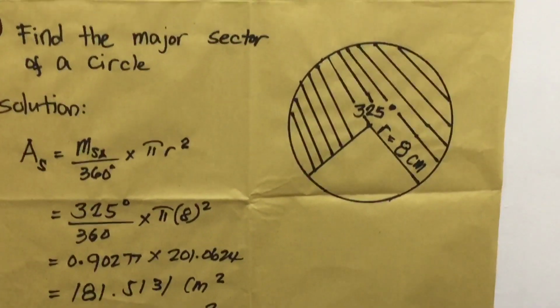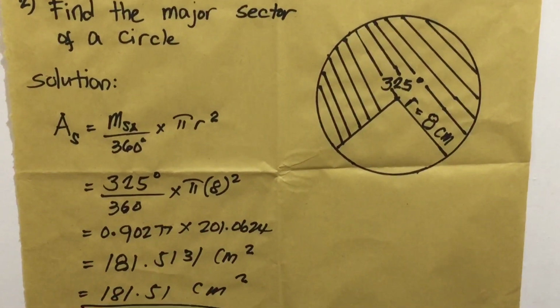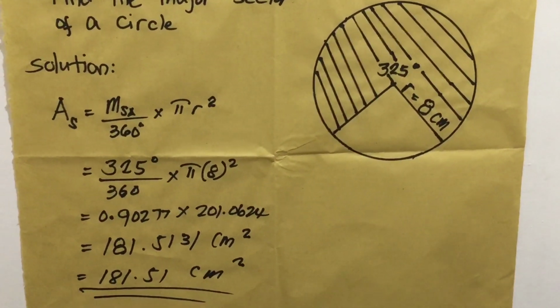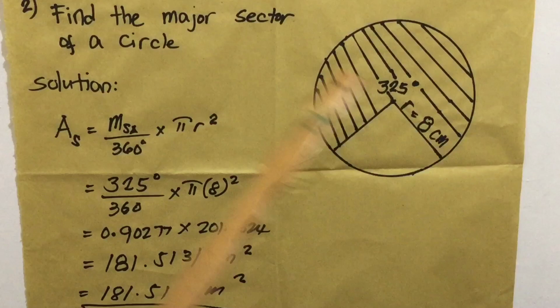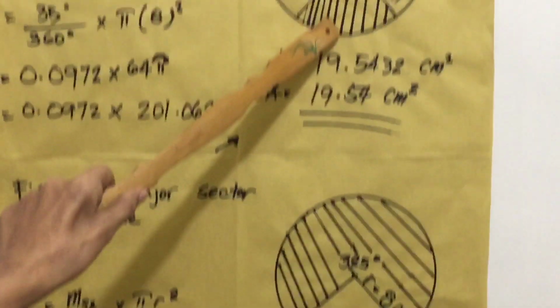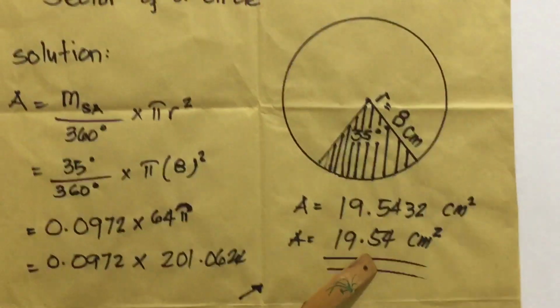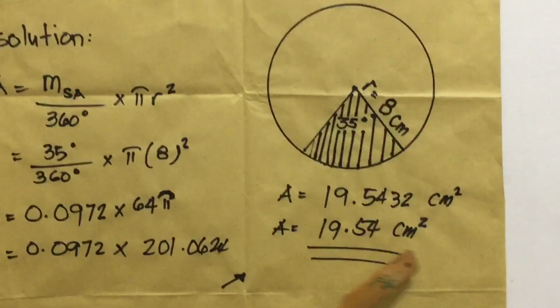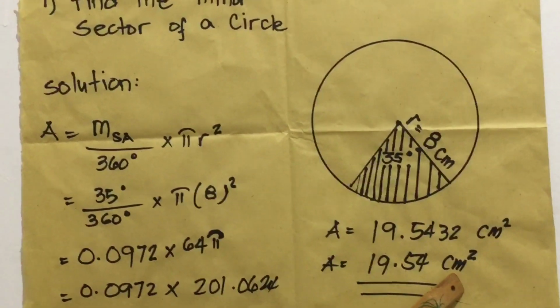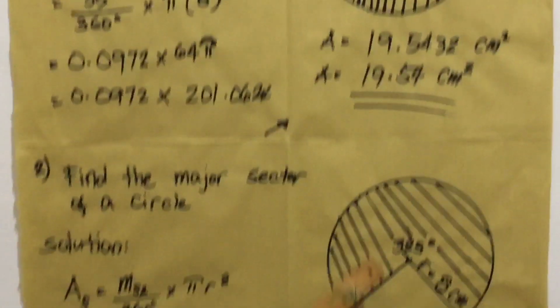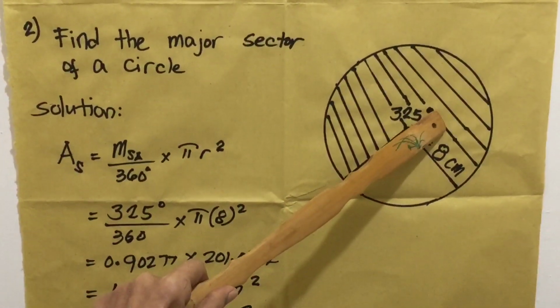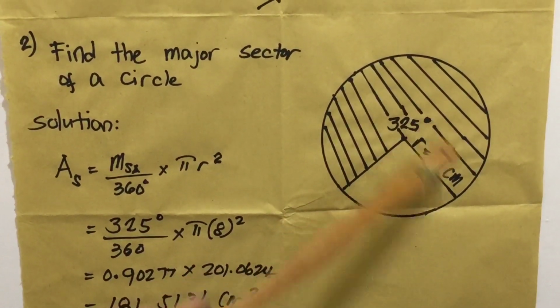Now, if we're going to check if our work is correct, the minor is 35 degrees, the area is 19.54 square centimeter, and for the major we have 325 degrees.